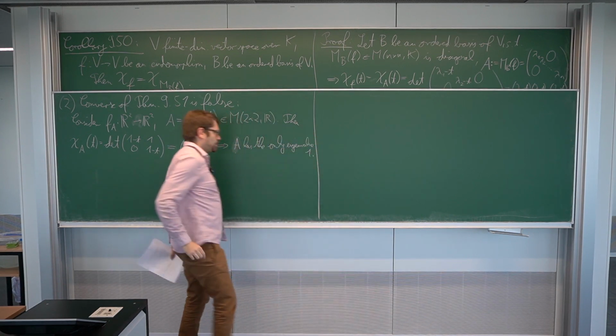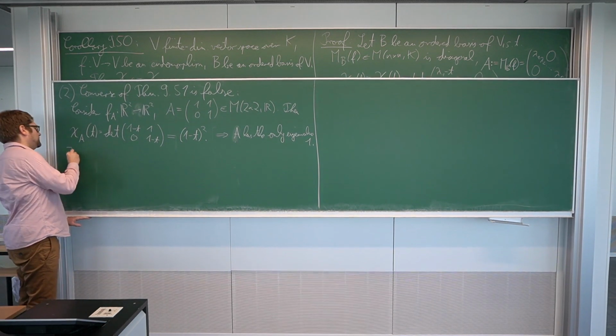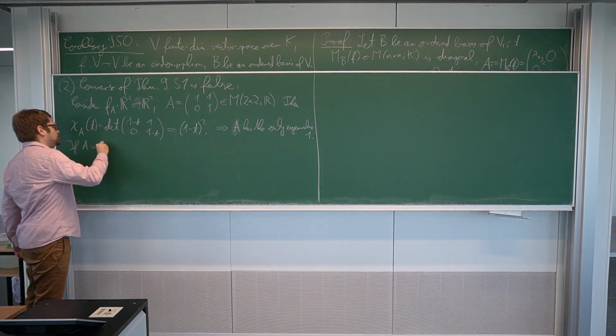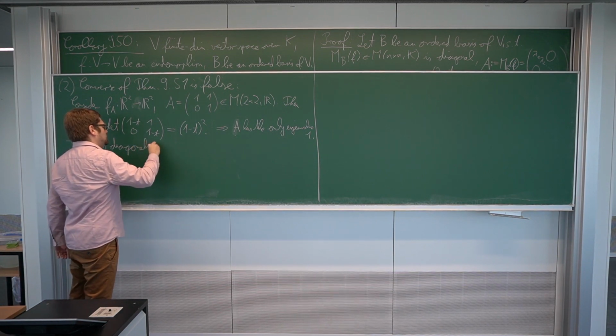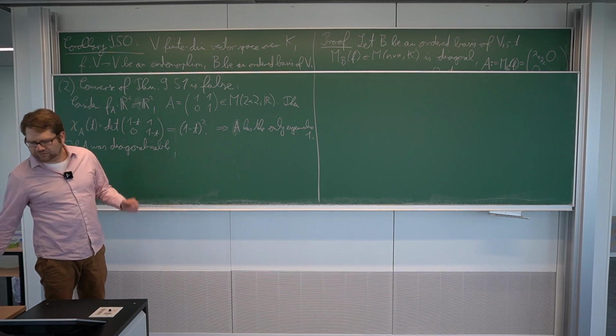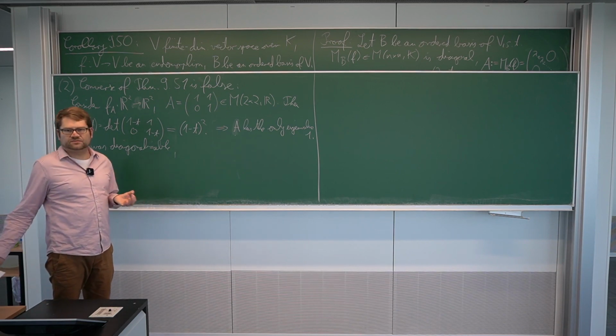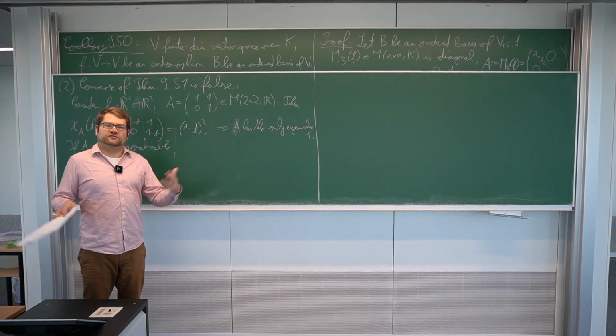Okay, now, if A was diagonalizable, then this would mean by the theorem about diagonalizability and eigenspaces, theorem 941, that R2 must be the direct sum of the eigenspaces.